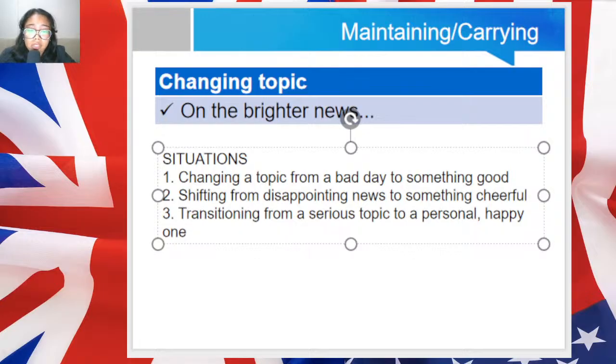Okay? So this phrase can also be used to change the topic from a serious or sad news story to something more personal and happy. This is a very kind and empathetic way to communicate, as it shows that you are trying to make the person feel better. For example, the situation here follows transitioning from a serious topic to a personal happy one.